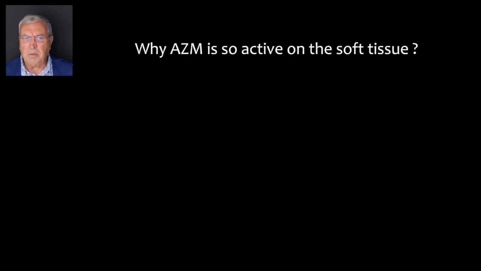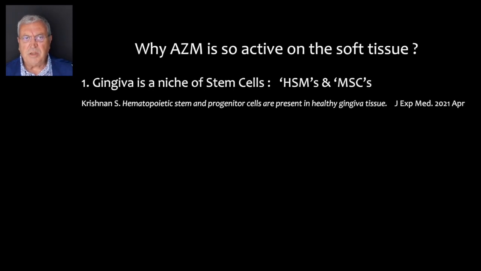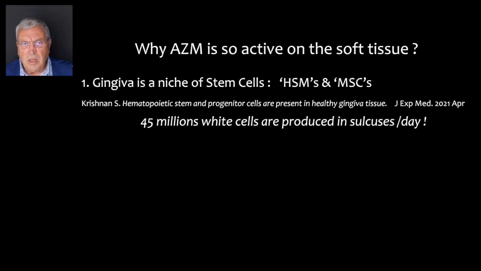What is the mechanism? Why is azithromycin so active? First, gingiva is a niche of stem cells, both hematopoietic and mesenchymal. And into the sulcus, the gum produces around 45 to 50 million white cells every day in order to improve the immune function of the gum.